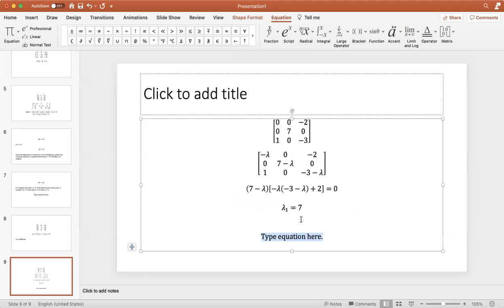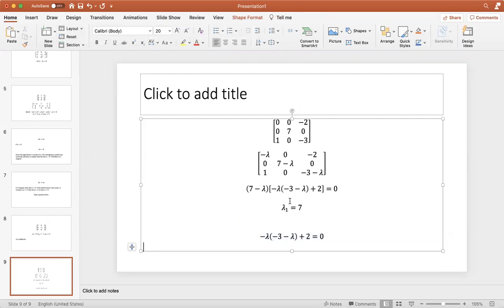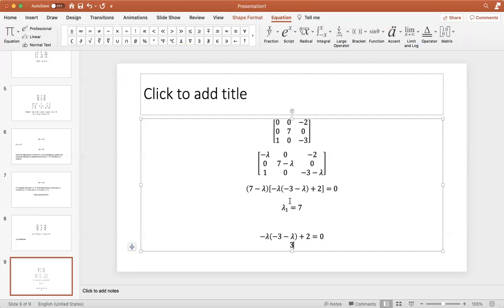For the second set of eigenvalues, we'll have negative lambda times -3 minus lambda plus 2 equals 0. Just redistributing terms, you have 3 lambda plus lambda squared plus 2 equals 0.